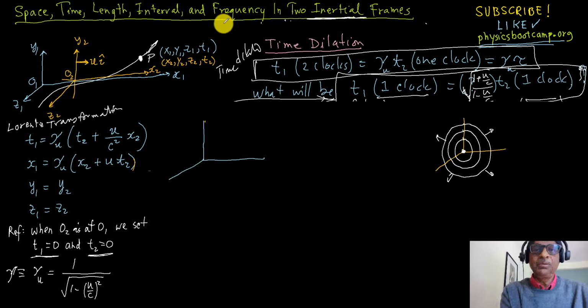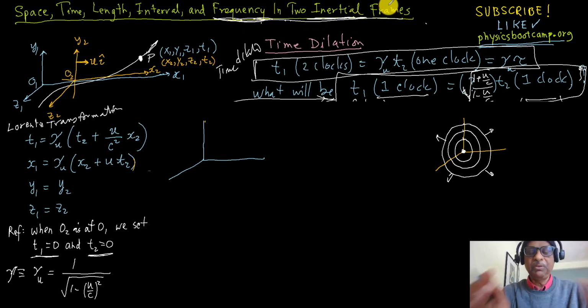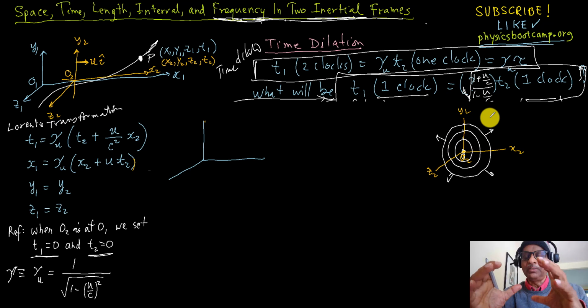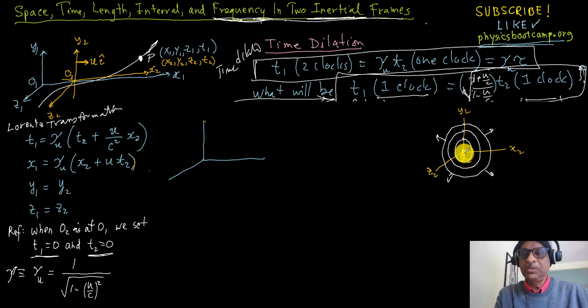Okay, so we want to relate frequency of light in the two frames. How do we relate frequency of light in two frames? Well, suppose this is my frame 2, with x2, y2, and z2 axes, and these are wave fronts.